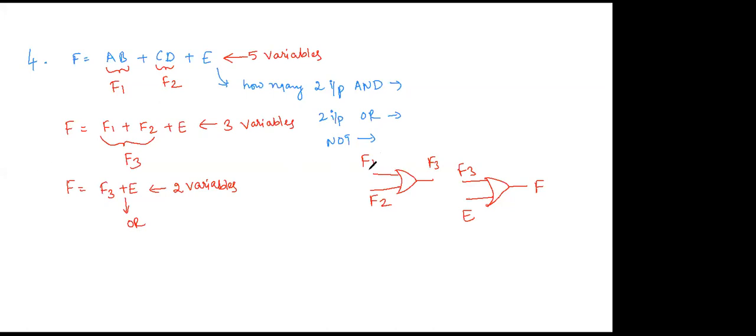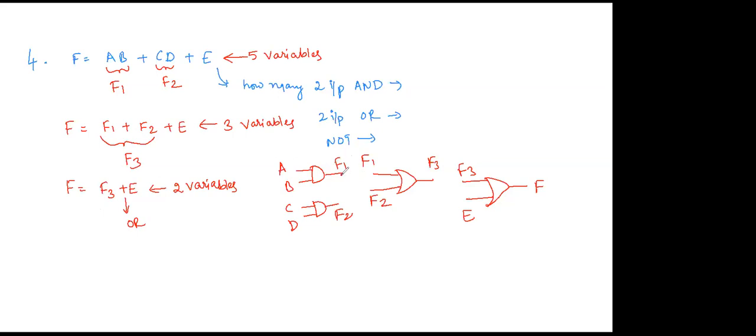Now, what is F1? F1 is equal to A into B. F2 is equal to C into D. This is F2, this is F1. We draw individually.